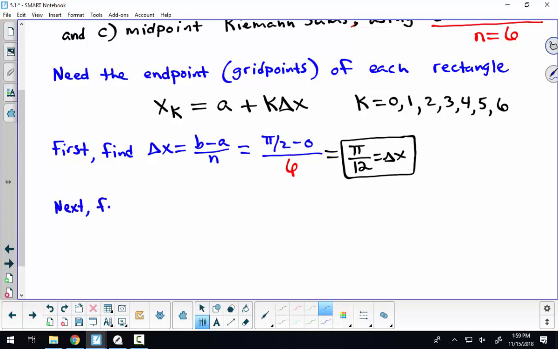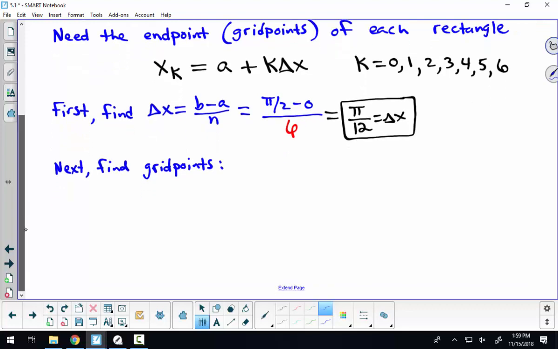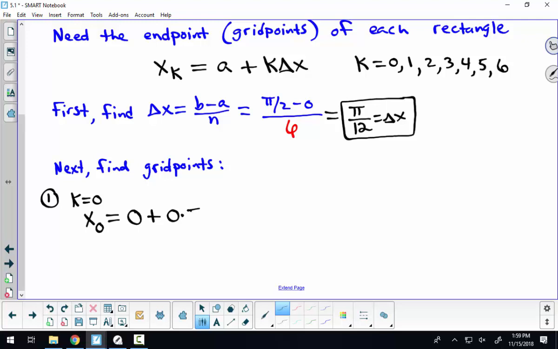So next, find the grid points. First grid point comes from k equal to 0. And so x sub 0, x sub k is a, which is 0, plus k times delta x.